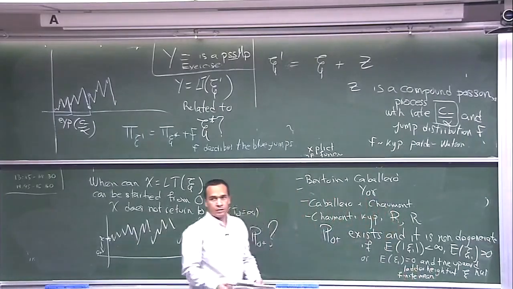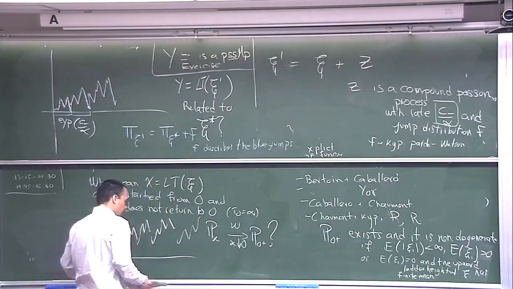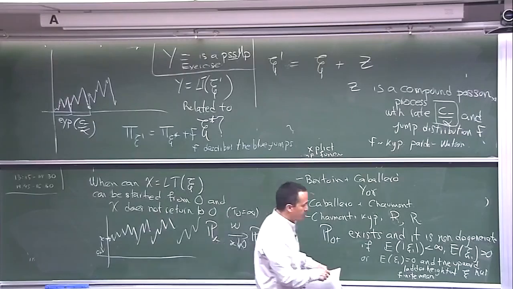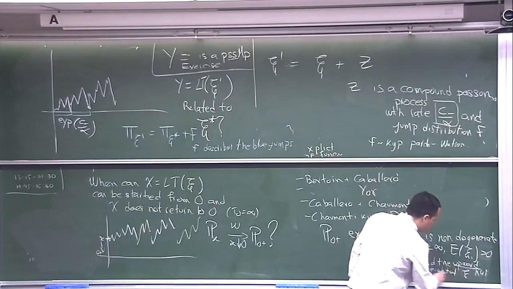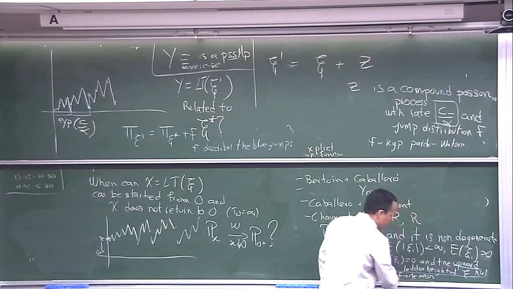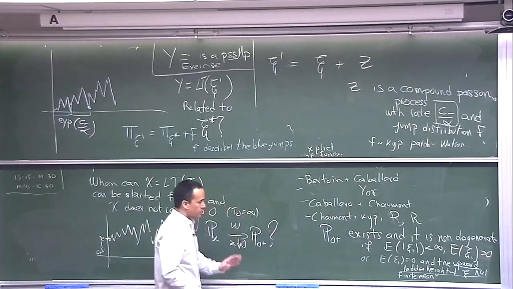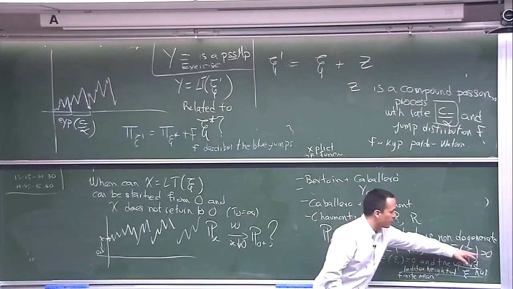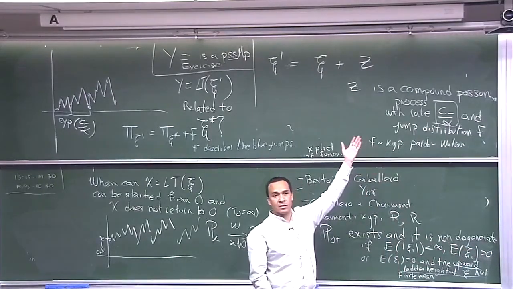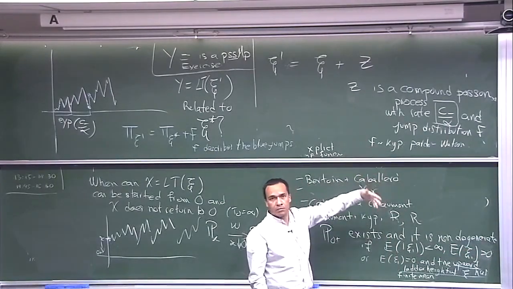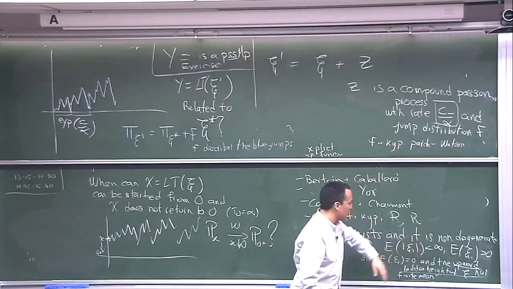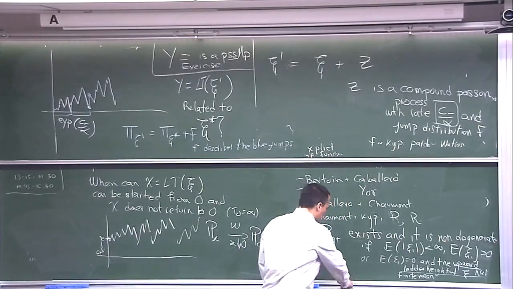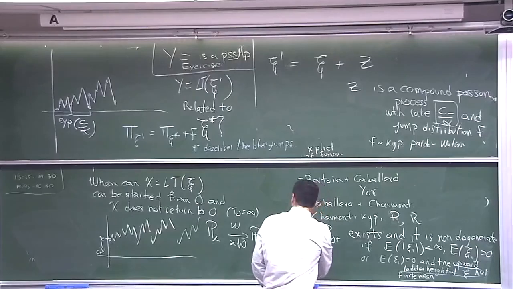In fact, these are all the cases in which the upward ladder height process has a finite mean. But this is just telling us that the process psi should go to plus infinity fast enough.